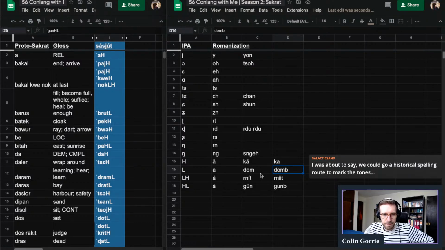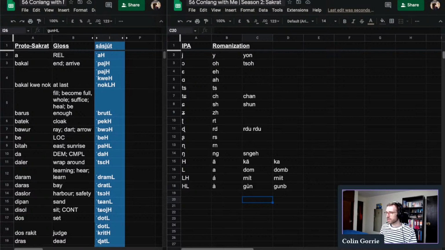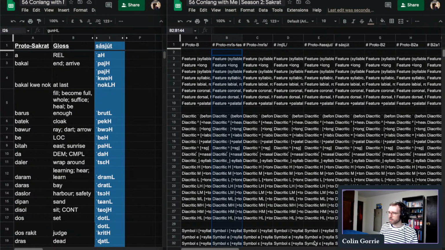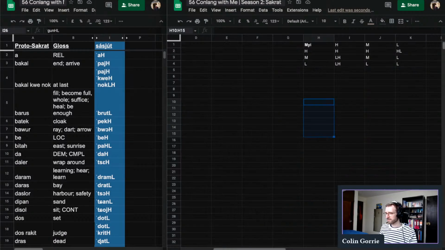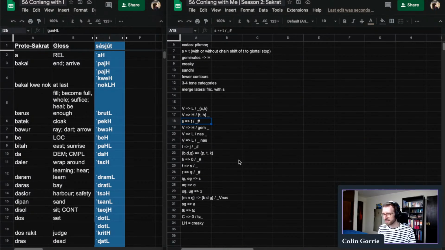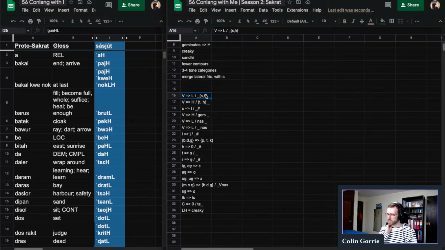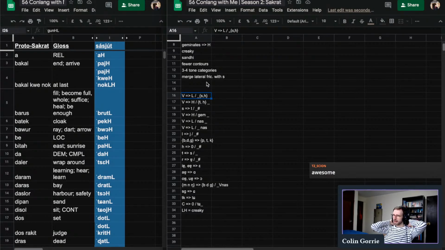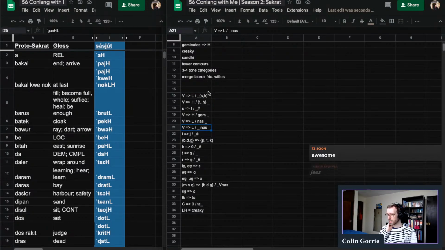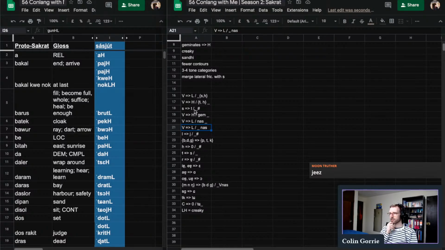The question is then, if we want to go into a historical spelling route, let's look at the sound changes that gave us these tones, which are stored in this gigantic, horrible sound changes sheet. So let's not look at that. Let's look at my rough estimation. So what happened? We got low tones before S and H. We got low tones before nasals. We got high tones after geminates or H and HLA.